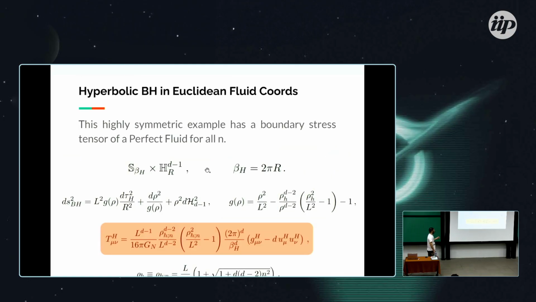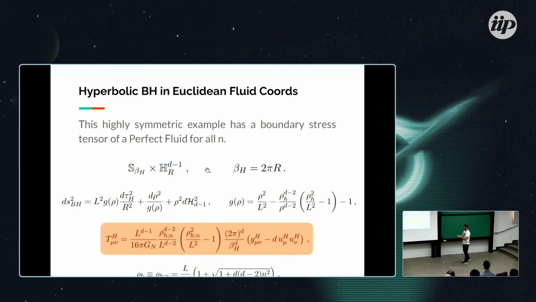So before doing that, what we will try to do is to learn something from what's going on in the boundary, and we will do so by looking at the stress tensor. The stress tensor can be computed very standardly for any gravity solution that we have. We can expand in Fefferman-Graham coordinates or something, but what we get for this example is that the T mu nu already looks like a perfect fluid.